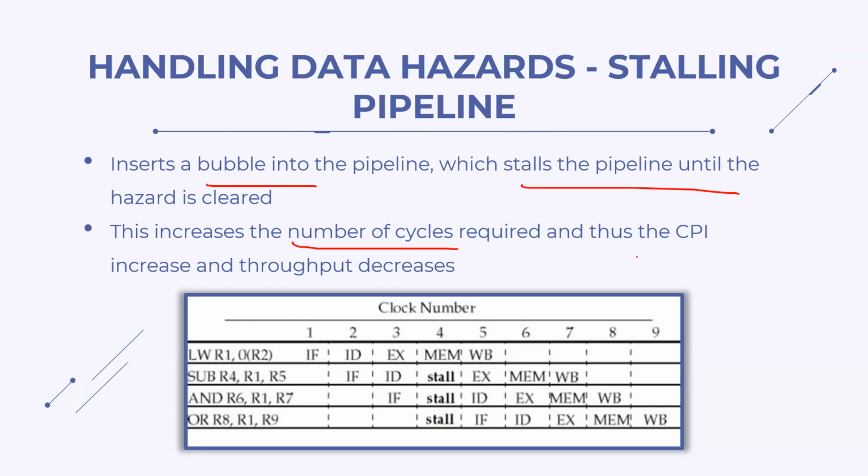As a result, CPI will increase and throughput will decrease. If you see this example, the R1 value is needed here, so until then, execution is stalled.